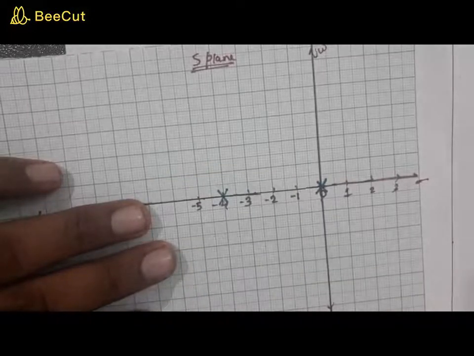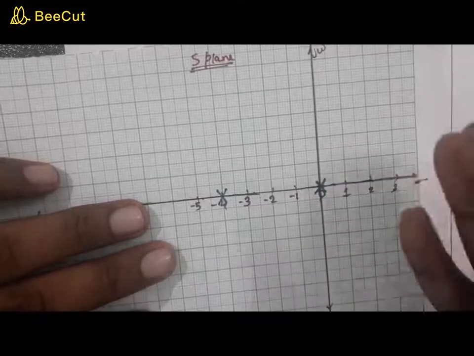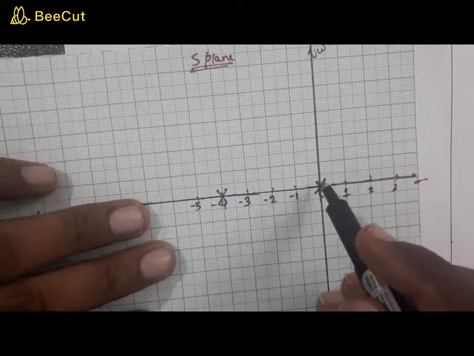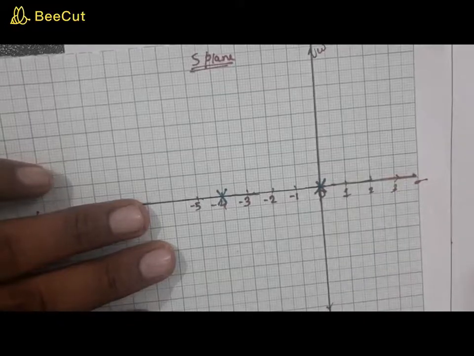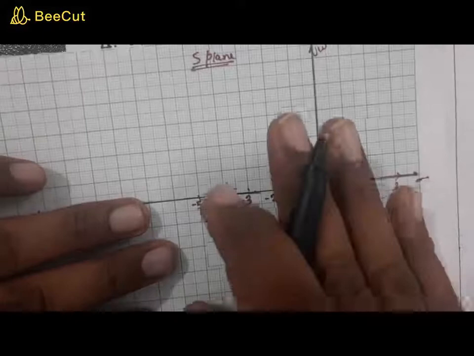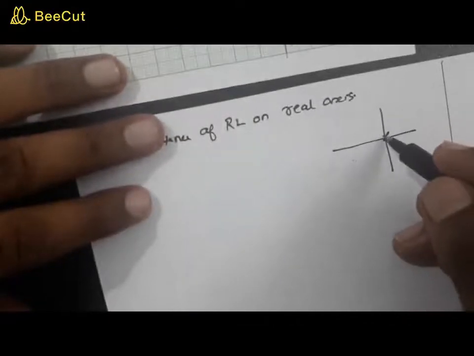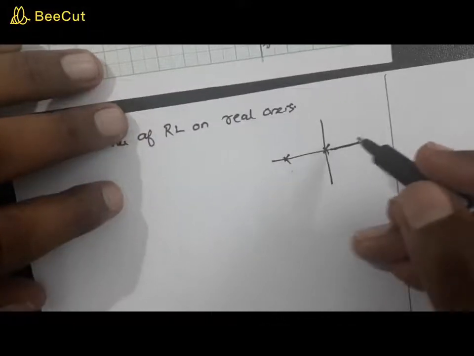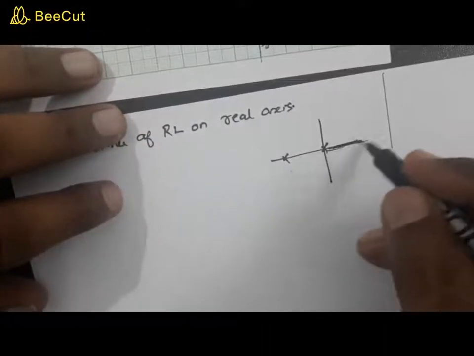For that, the procedure is, if you want to find out whether there is a root locus beyond a particular point, just check the number of poles and zeros beyond that particular point. I will just explain. Say for example, in this case you have these poles. Now I want to see whether there is any root locus existing on this real axis.